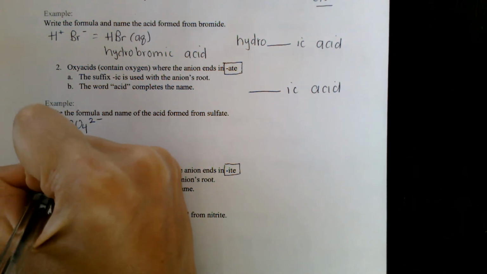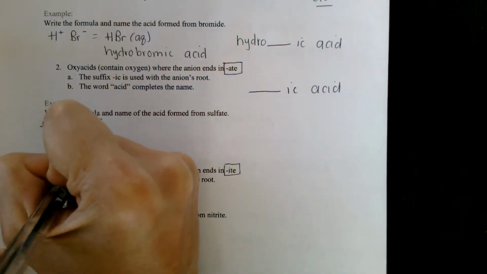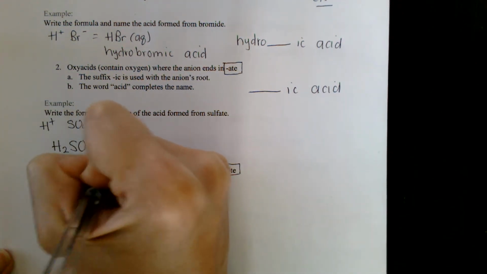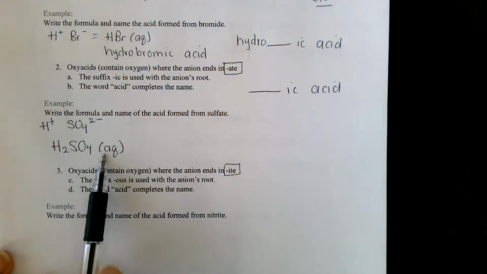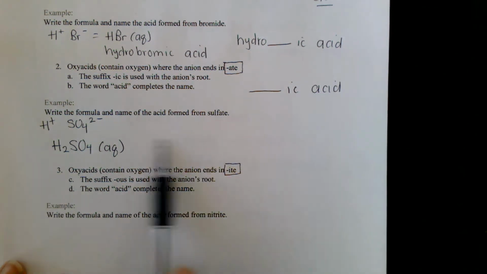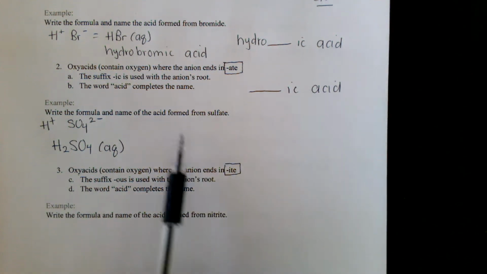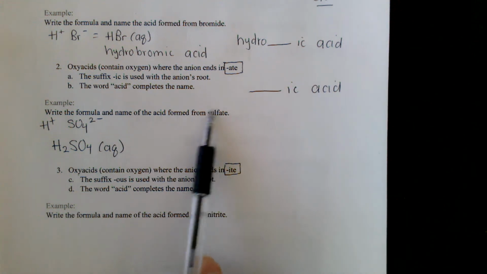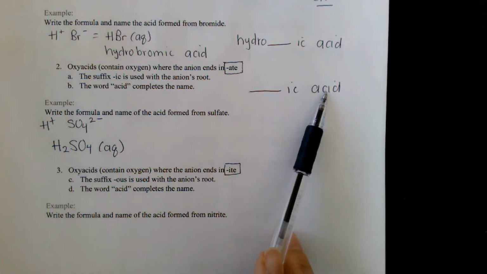We get H2SO4 (aq). So that's our formula for our acid formed of sulfate, H2SO4. Okay, so for the name, the root of sulfate, we're going to put in here with ic.